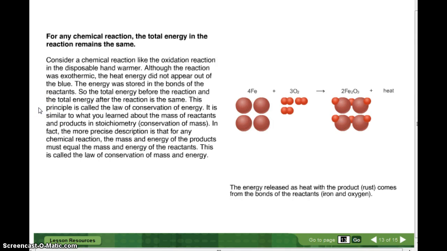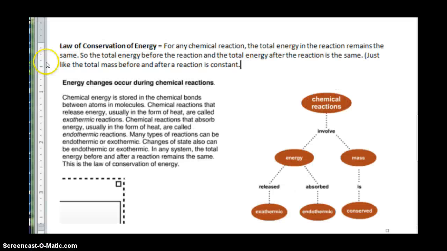This principle is called the law of conservation of energy. It is similar to what you learned about the mass of reactants and products in stoichiometry, the conservation of mass. In fact, the more precise description is that for any chemical reaction, the mass and energy of the products must equal the mass and energy of the reactants. This is called the law of conservation of mass and energy.